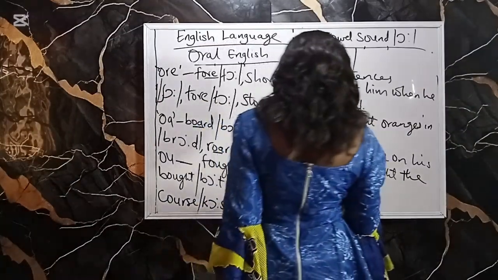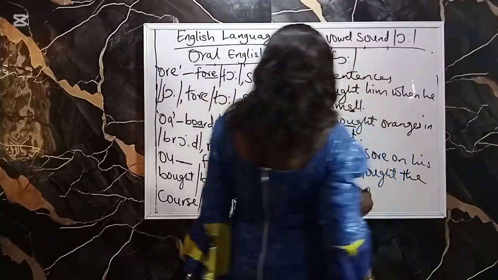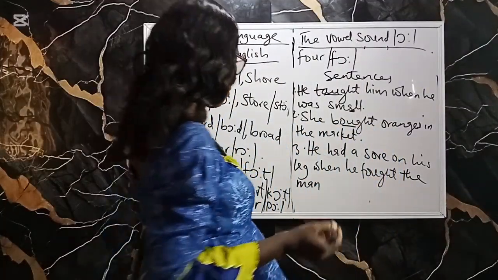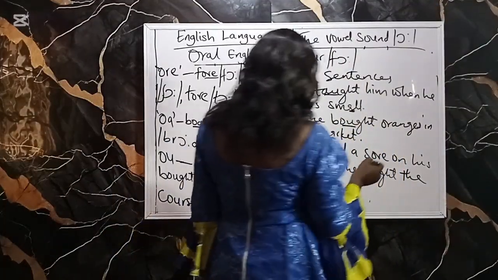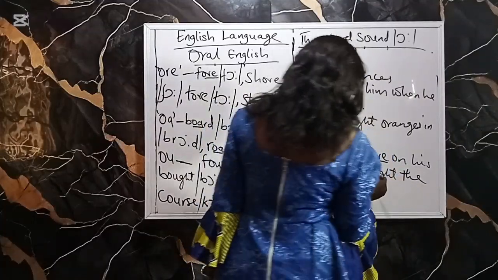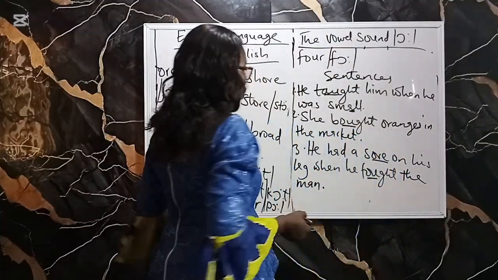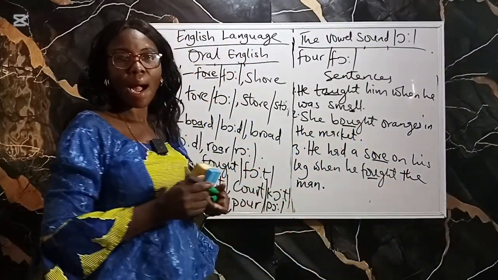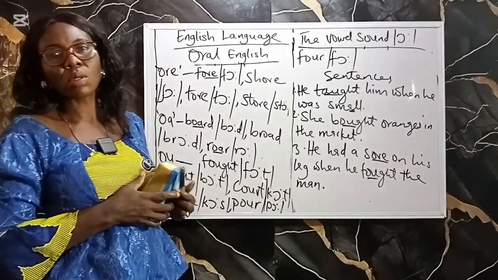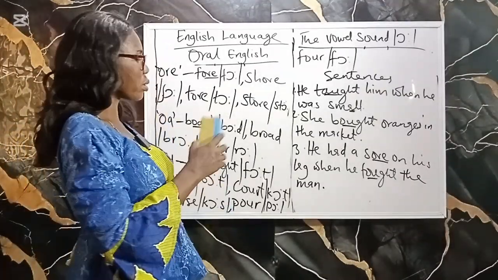When he fought, okay, let's use hand. He had a saw on his leg when he fought the man. So here we have saw, O-R-E and O-U. That's number 3. Now, I want us to differentiate the two sounds.